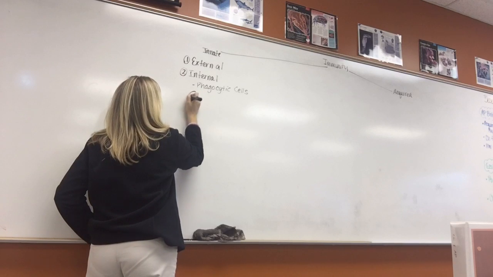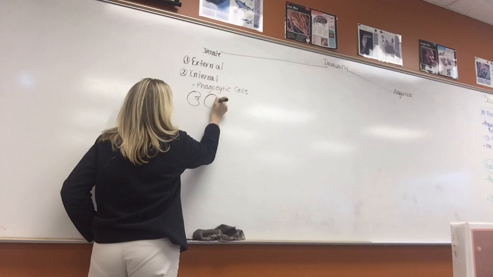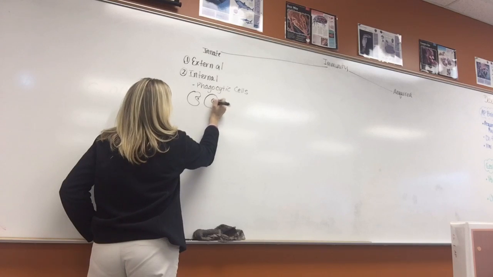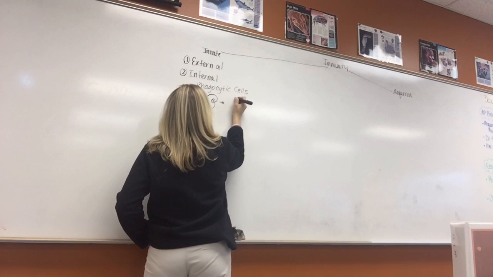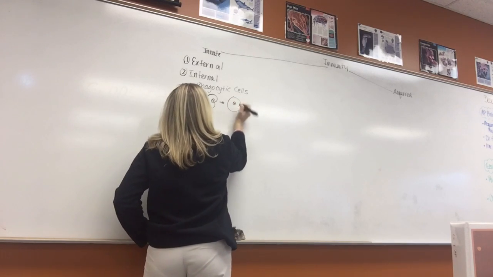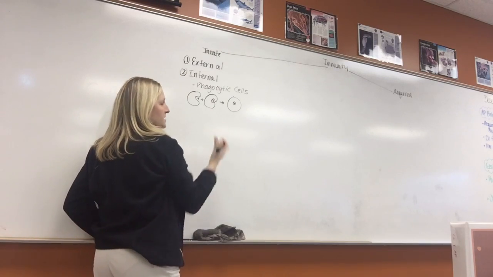Remember I drew something like this where it indents around it and brings in the bacteria or virus or whatever it is, and then eventually the lysosome binds with this vacuole.